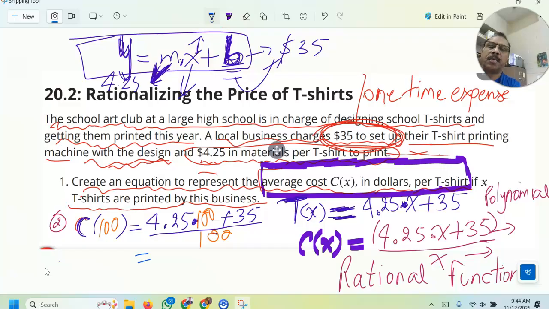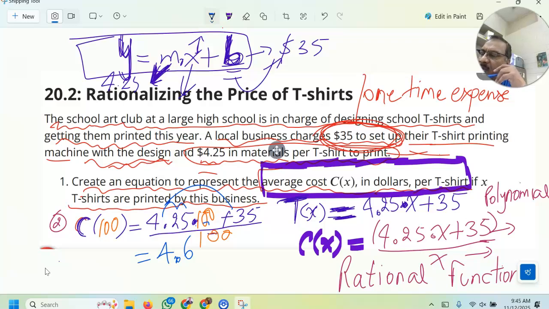If you see that because of this 100, the decimal will move 2 places to the right, and you get 425 plus 35. 460 divided by 100. Do you get 4.6? Yes or no? Okay, so the more t-shirts you give for printing, the cost per t-shirt goes down. Last time it was 5 point something, and now it went down to 4.6, right?